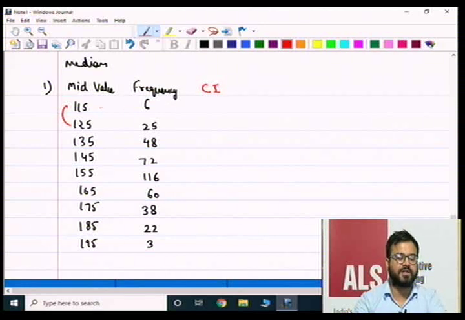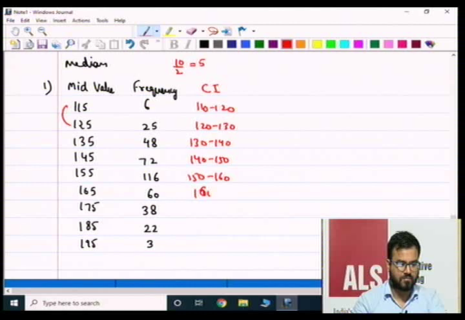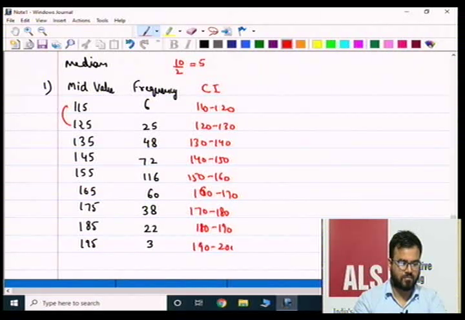When we subtract 5 from 115, that becomes 110, and 120, then 120 to 130. So we are getting the continuous class interval.